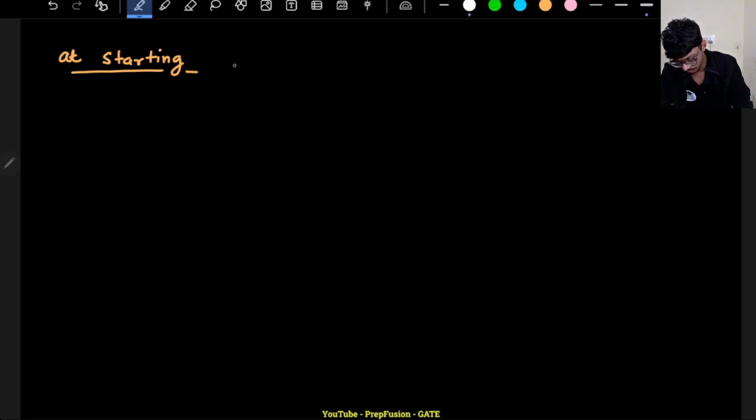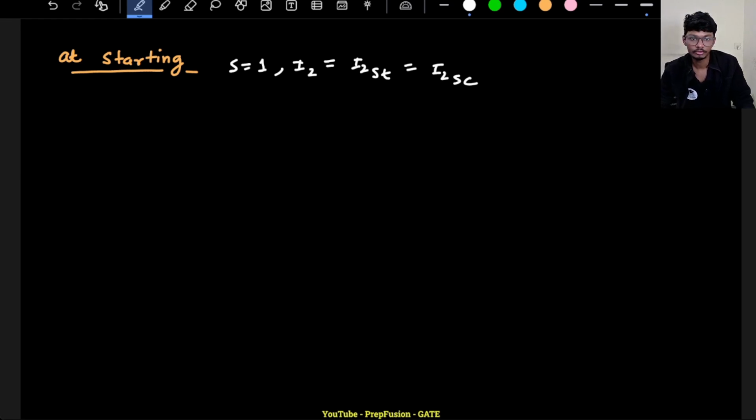At starting, the slip will be 1, right? I2 will be equal to I2 starting. Sometimes in a few books they write this as I2 SC, where SC means the starting current. So if I want to compare the torque difference, I can directly compare.